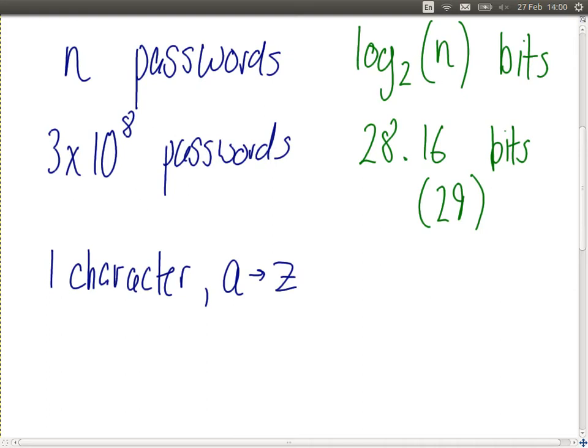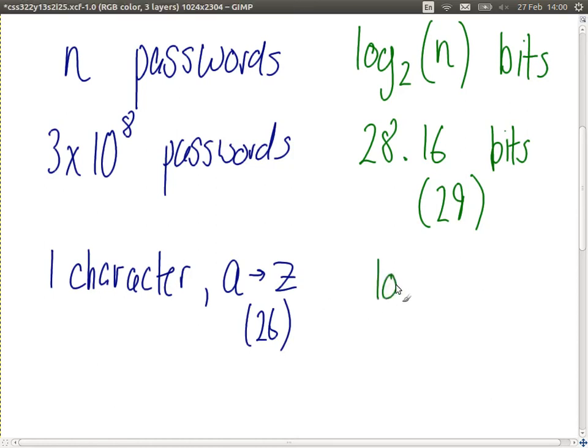There are 26 possible values. So there is log base 2 of 26 bits needed. Calculator. 5 point, let's be precise. 4.7. 4.70 something. Good. 4.70 will do.